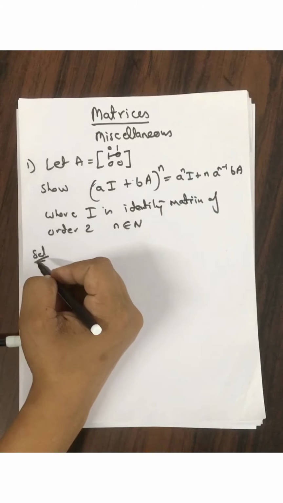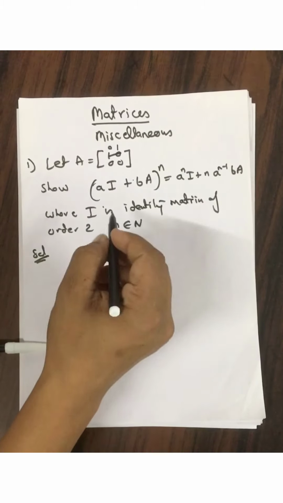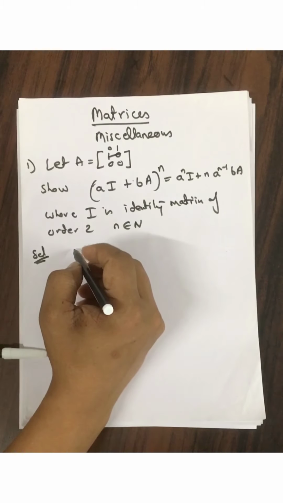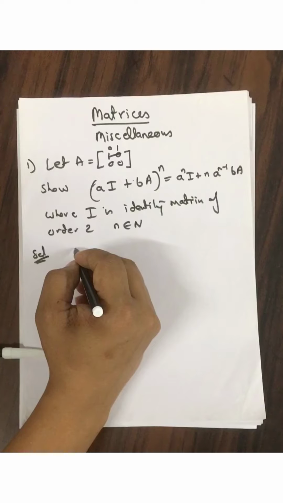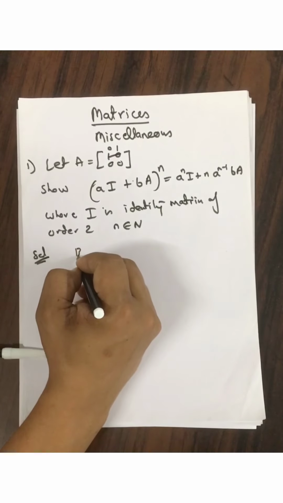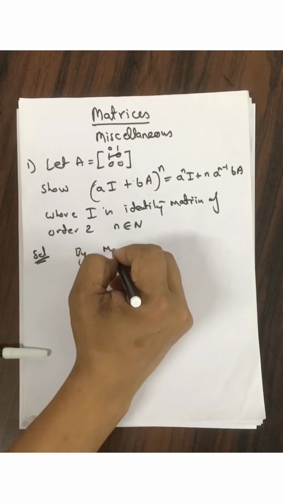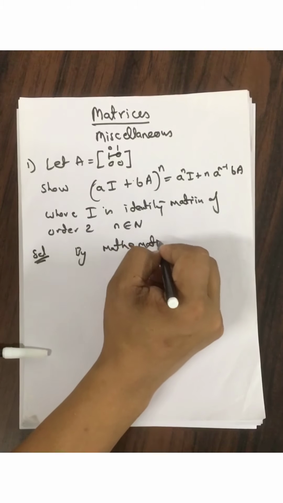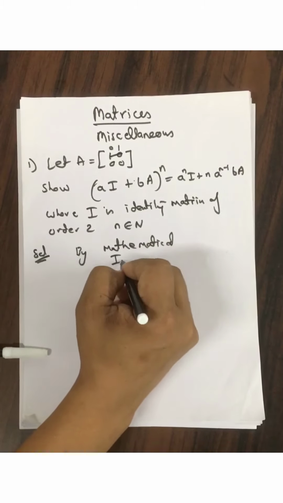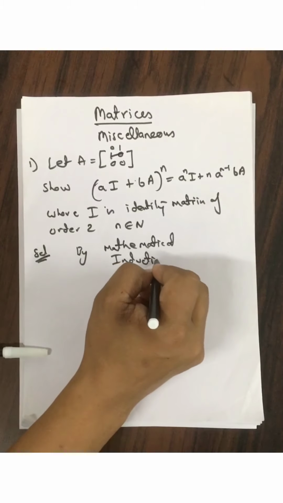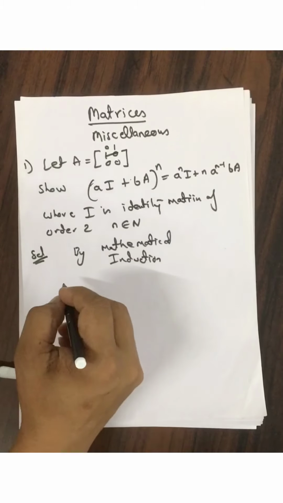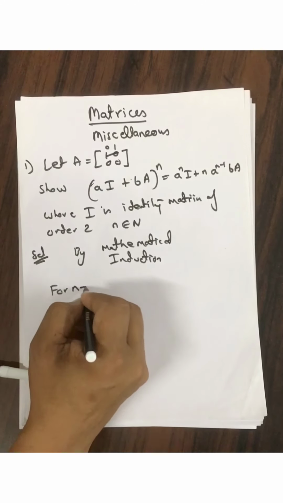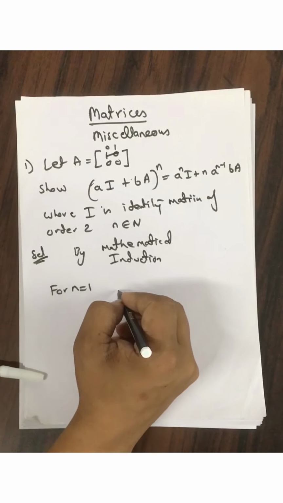Now this is a question. When you see it, you can clearly make out this question has some touch of mathematical induction. So let's do it by mathematical induction. We have done this in class 11th. If you take n equals to 1, what happens?